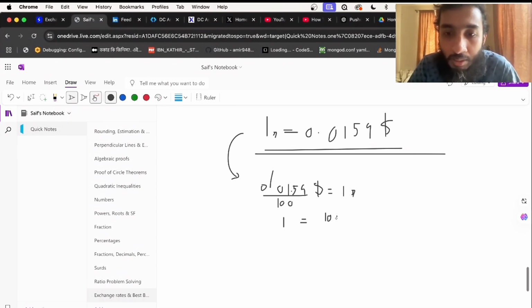If I use the unitary method here, it's 100 divided by 1.5 rupees. So this is $1.